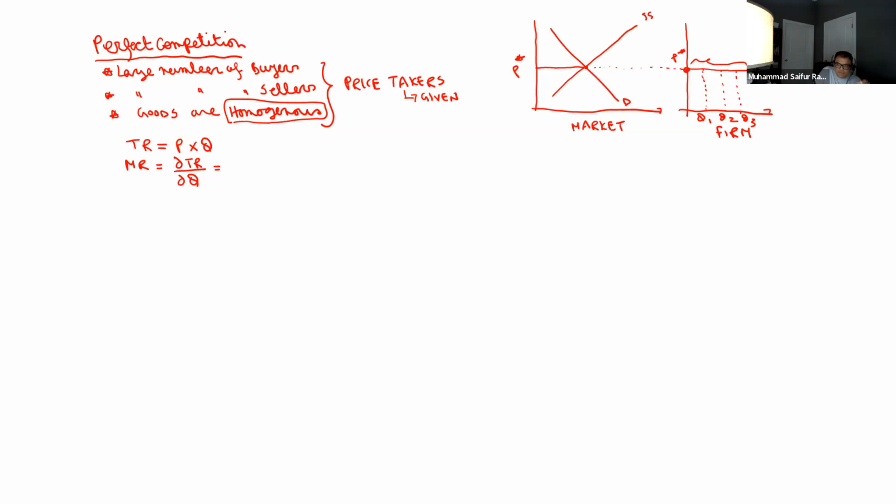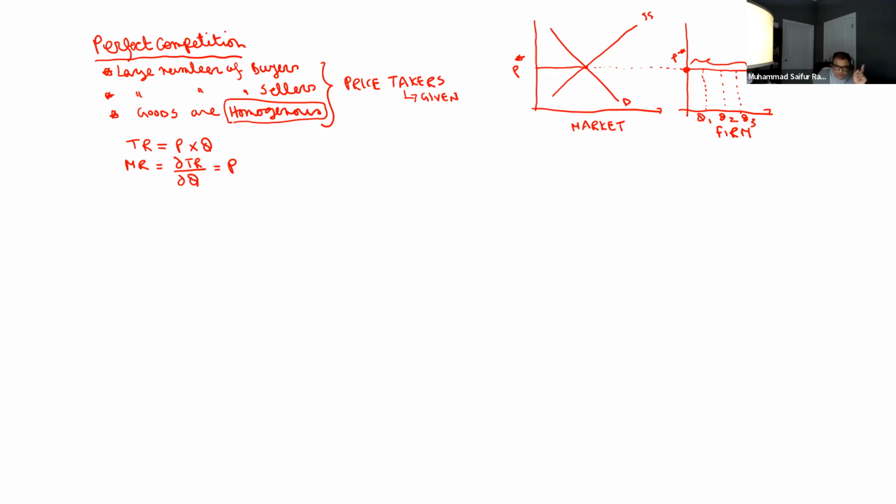If you apply simple rules of differentiation, you find that your marginal revenue is actually equal to price. Now, what does it mean? It means that anytime a firm is trying to sell something, the marginal revenue it will get will always be equal to the price it charges for that particular product.